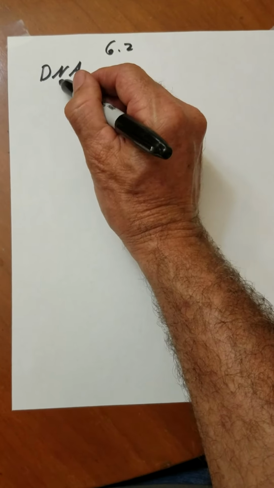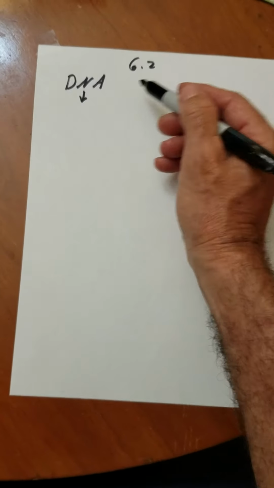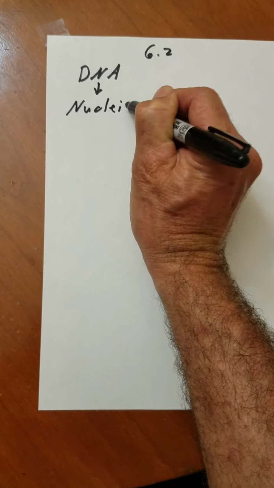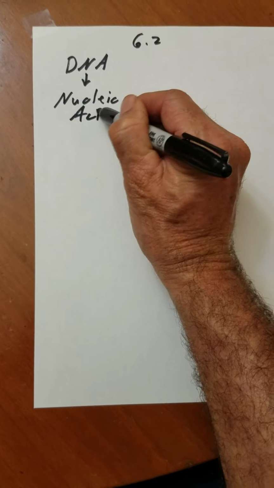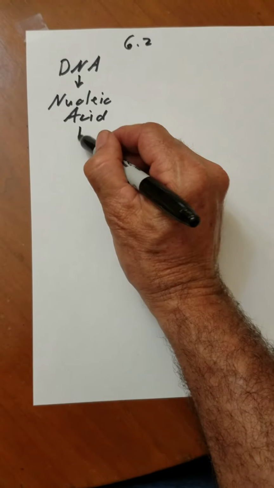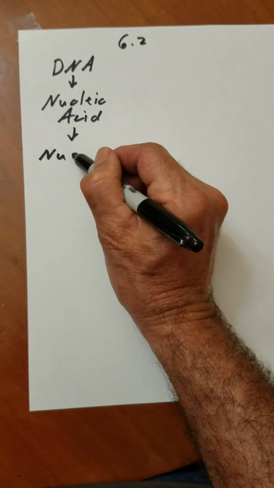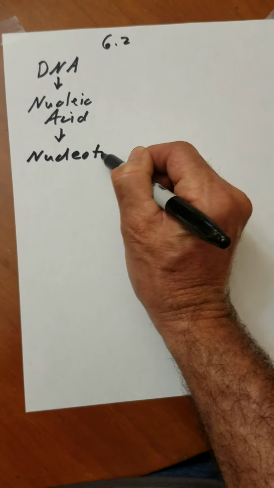We know DNA, we learned that is our genetic material that codes for all of our traits. It is a type of nucleic acid. And nucleic acids are made up of the building blocks called nucleotides. Okay?